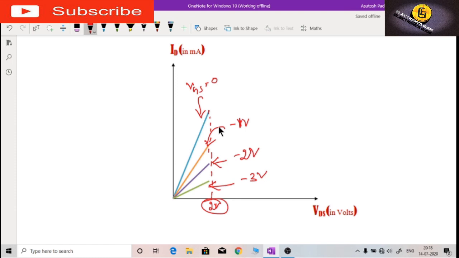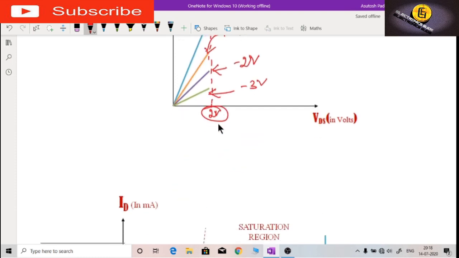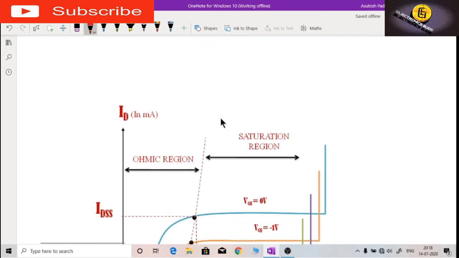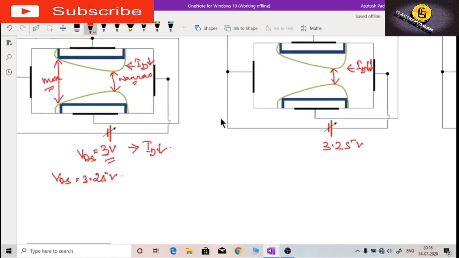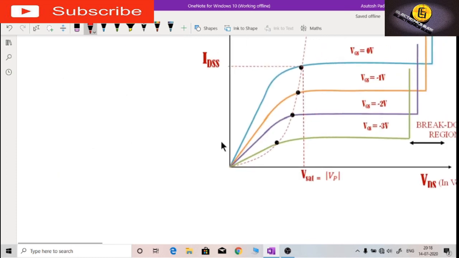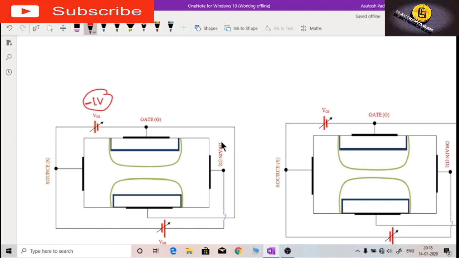Now if I increase the VDS value from 2 volt to a more positive value, the same thing is going to happen. That means the drain end of the PN junction will have more depletion width, making the channel narrower, which in turn results in a decrease in ID.